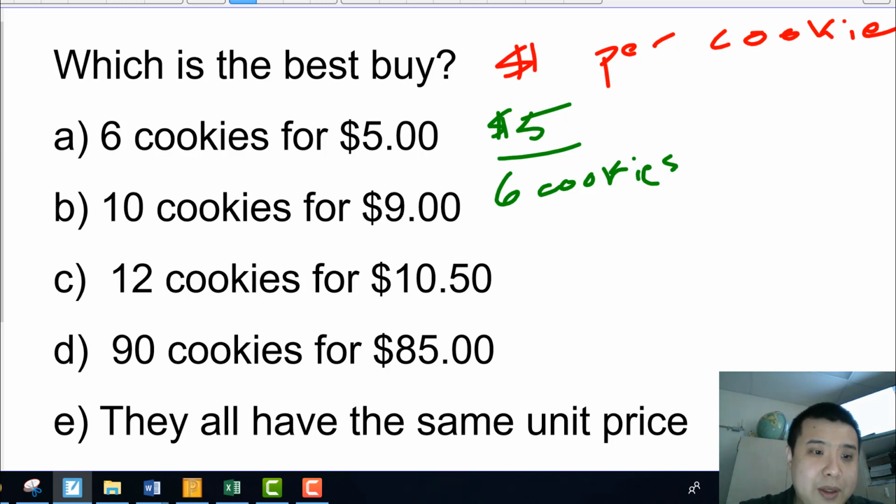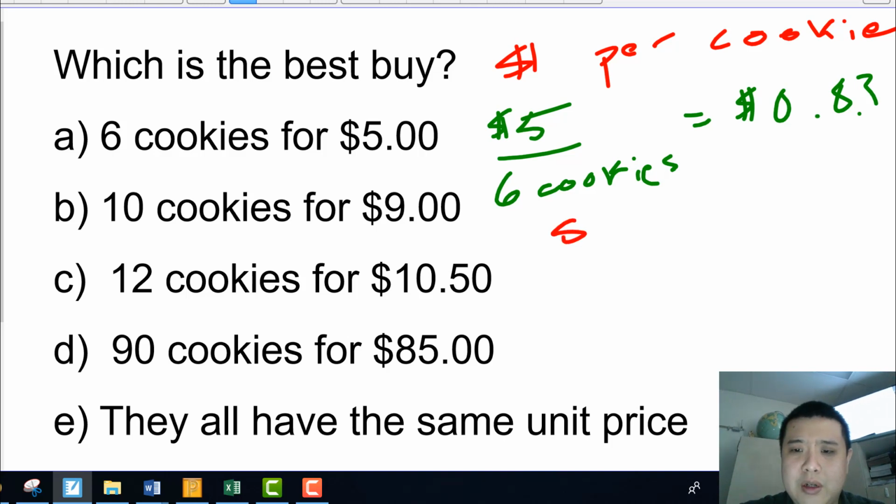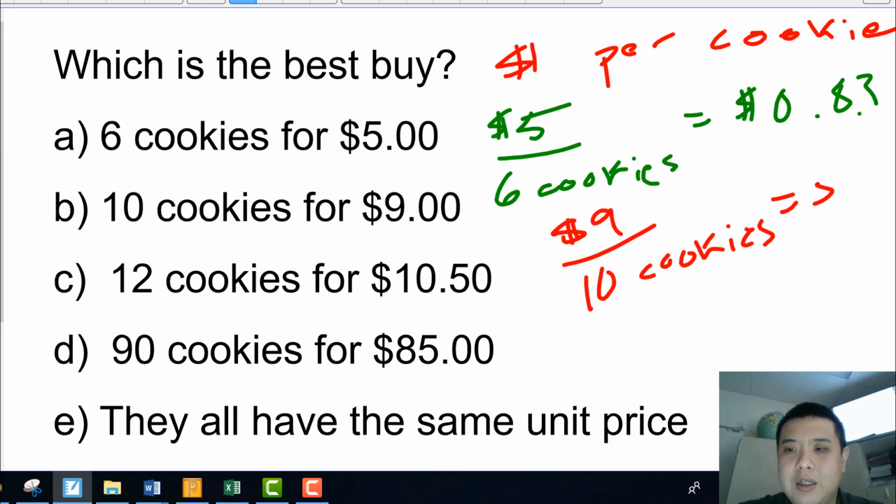We get 5 divided by 6. We find this is approximately, when rounded, 83 cents per cookie. For question B, it's 10 cookies for $9. So we get $9 divided by 10 cookies, which is 90 cents for each one.